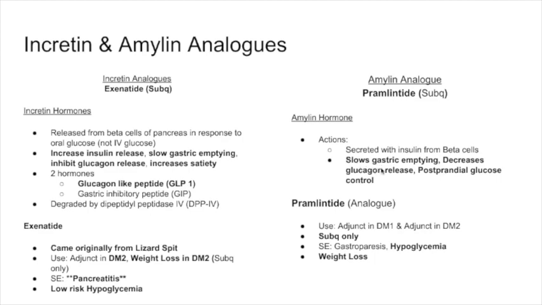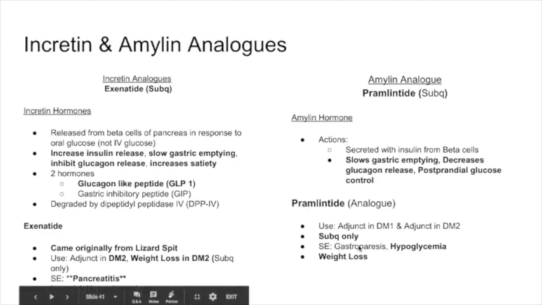So it slows gastric emptying, it decreases glucagon release, and it acts to control postprandial glucose. So the analog for amylin is pramlintide. It's used as an adjunct in type 1 and type 2 diabetes. It's subcutaneous only.